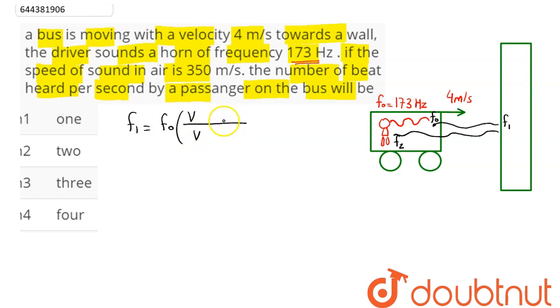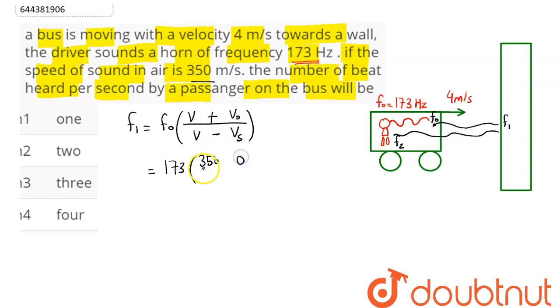Now F1 by the Doppler effect is written as F0 into velocity of sound in air divided by velocity of sound in air, with velocity of observer in the numerator and velocity of source in the denominator. Since the source is moving towards the wall, the frequency increases, so this is plus, this is minus. F0 here is 173, velocity of sound in air is 350.